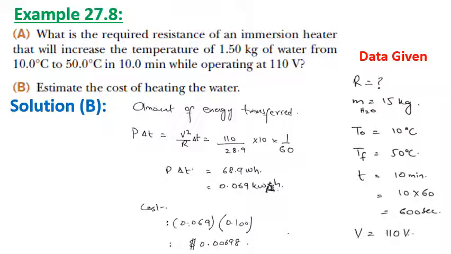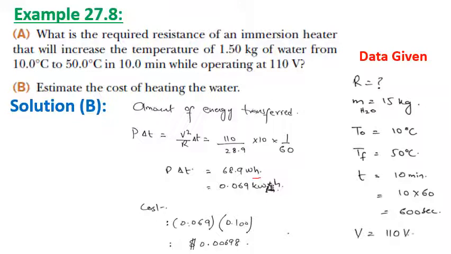This is what we get in watt hours. So P delta T is equal to 68.9 watt hour.